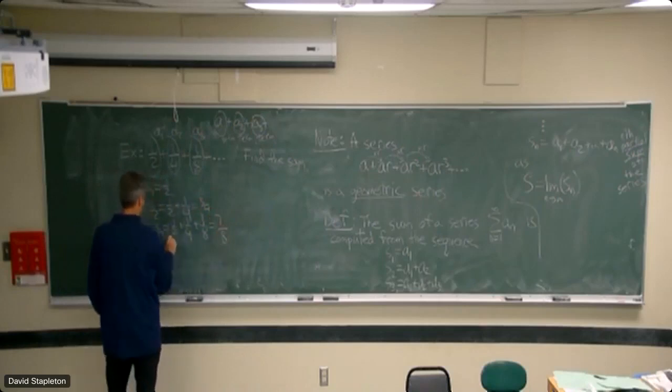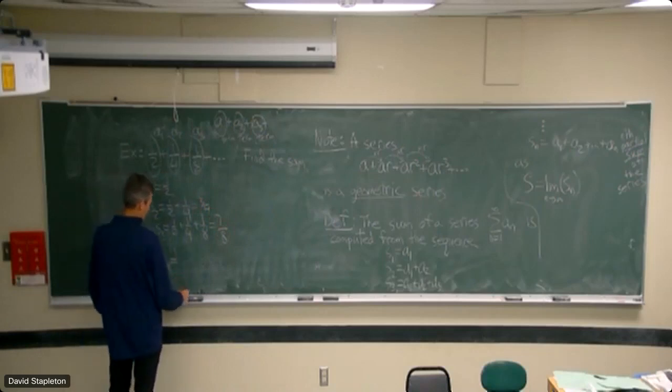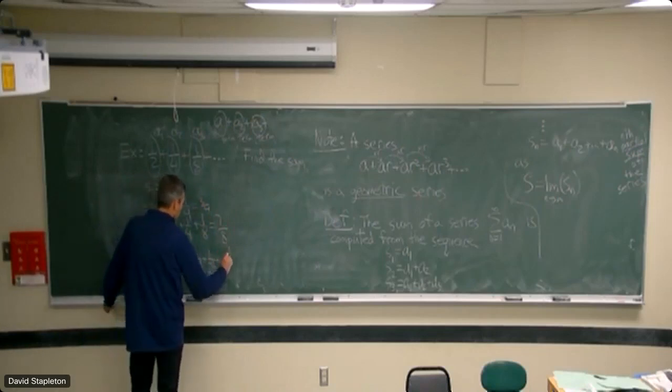How do I prove it? Well, I look at the formula for the nth partial sum. What is it going to be? Sn is going to be 1/2, 1/2 squared, 1/2 cubed, plus dot, dot, dot, 1/2 to the n.